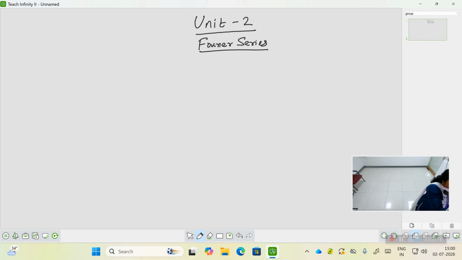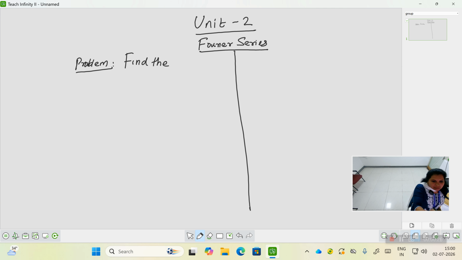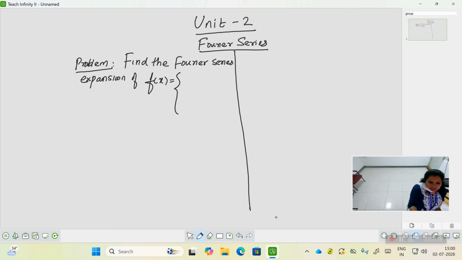Good, today's topic is Unit 2, Fourier Series. The problem is: find the Fourier series expansion of f of x equal to pi x for 0 less than or equal to x less than or equal to 1, and pi into 2 minus x for 1 less than or equal to x less than or equal to 2.